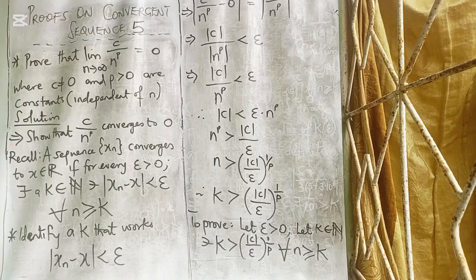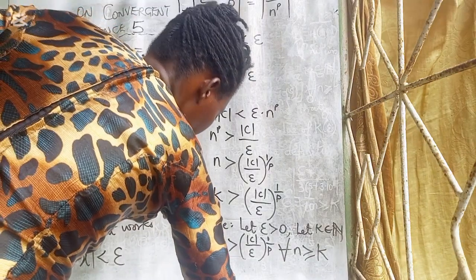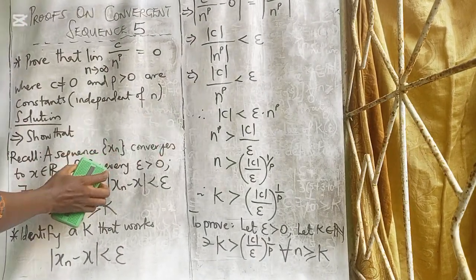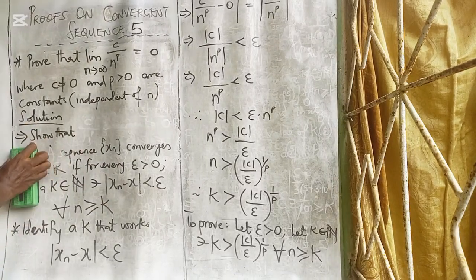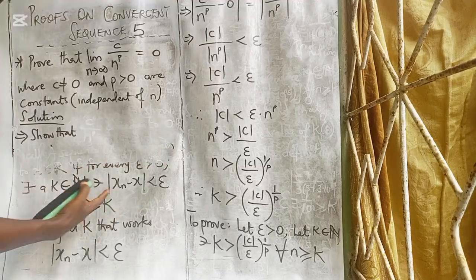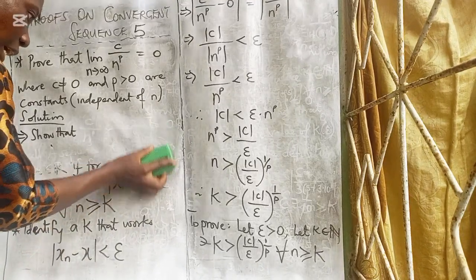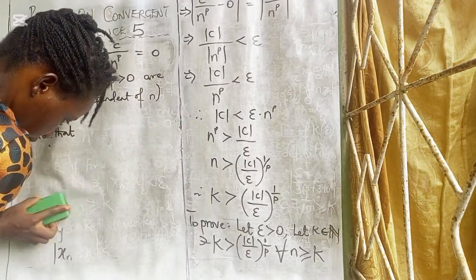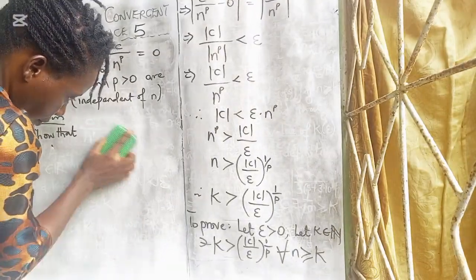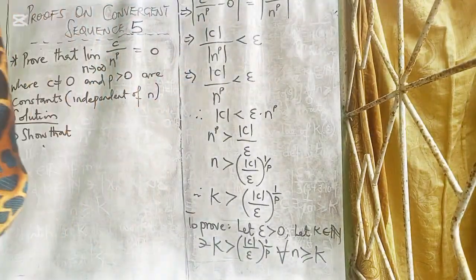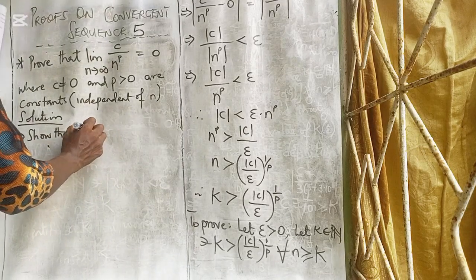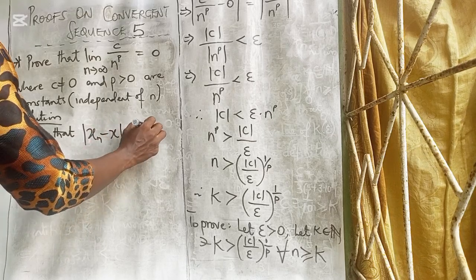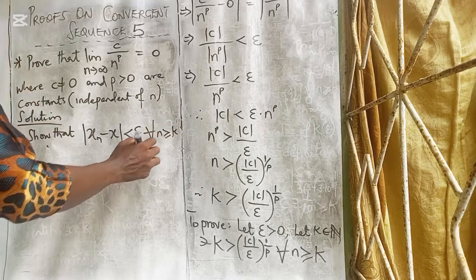If that is assumed, it will show that the absolute value of the sequence xn minus x is less than epsilon for all n greater than or equal to k.